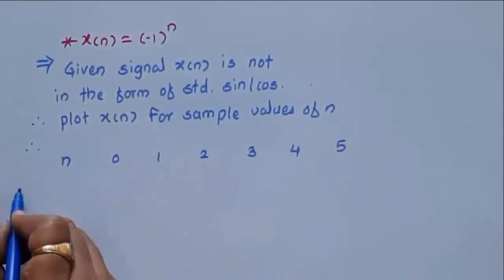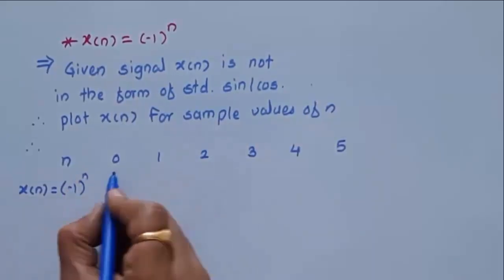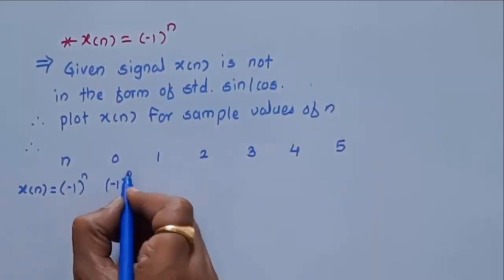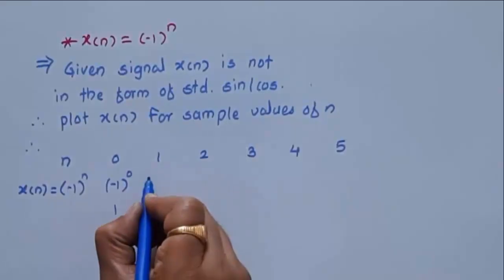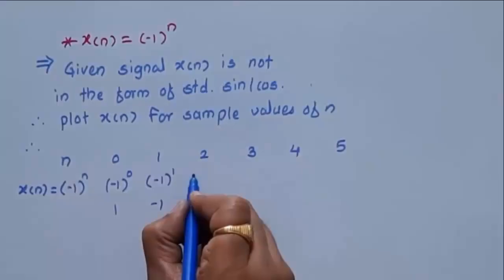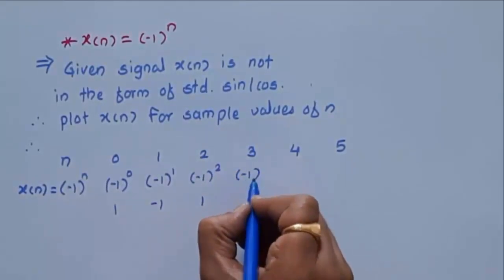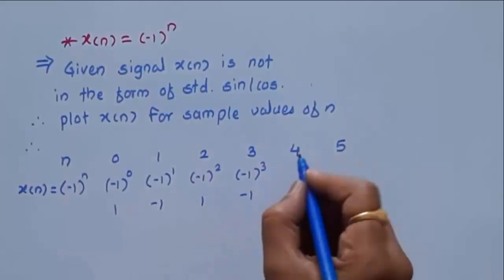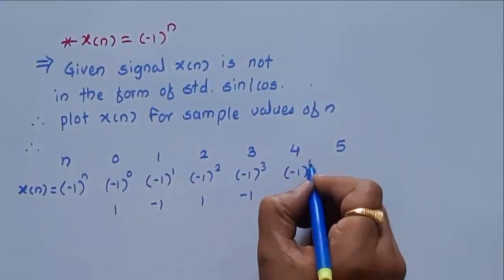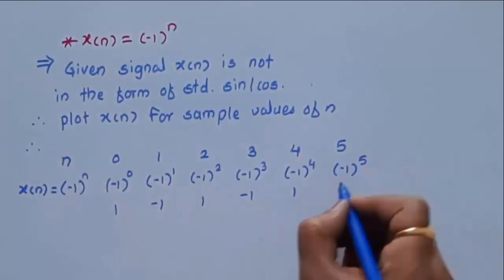We'll calculate the value of x of n, which is minus 1 raised to n. Putting the values of n: minus 1 raised to 0 is 1, minus 1 raised to 1 is minus 1, minus 1 raised to 2 is 1, minus 1 raised to 3 is minus 1, minus 1 raised to 4 is plus 1, and minus 1 raised to 5 is minus 1.